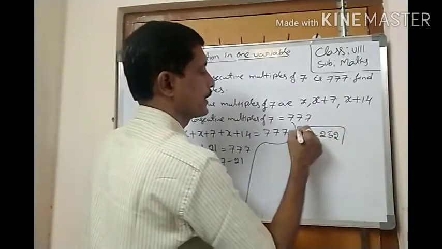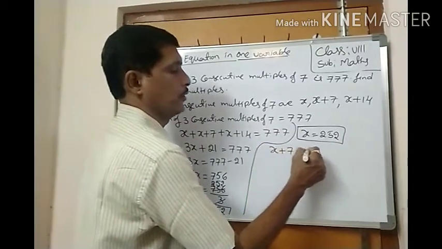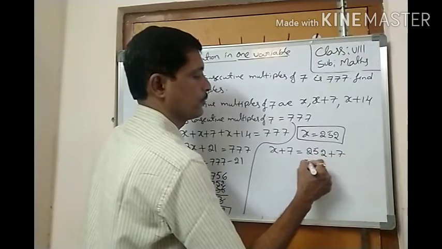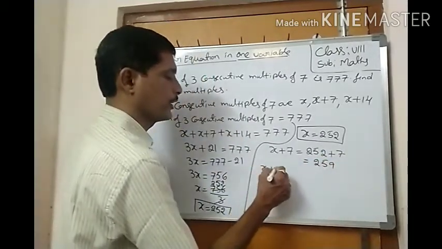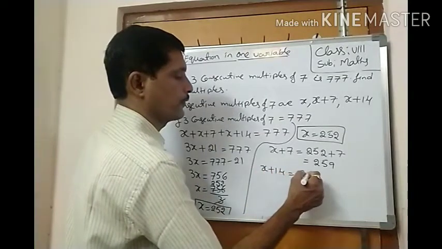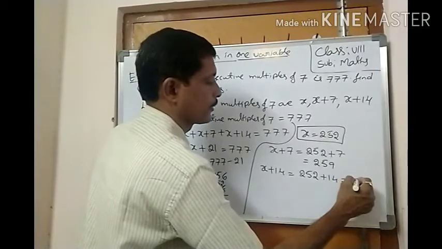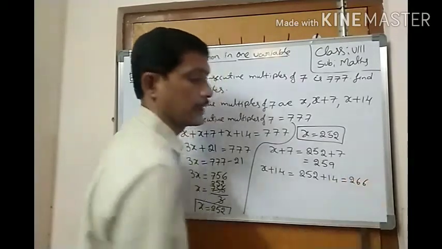Next number is what? That is x plus 7. x plus 7 that equal to 252 plus 7 that equal to 259. Next x plus 14 that equal to 252 plus 14 that equal to 266.